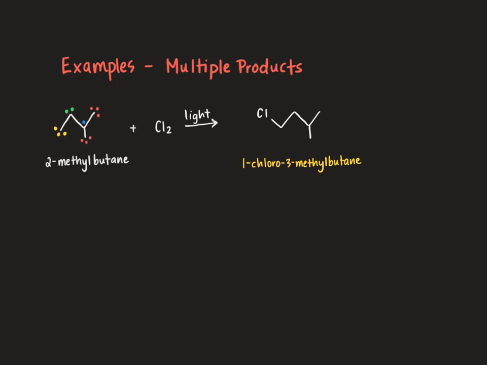If I swap out one of the green hydrogens, I have my methylbutane, and I put a chlorine on number 2 there. And this is going to be 2-chloro-3-methylbutane, so the chlorine gets preference in naming. 2-chloro-3-methylbutane.